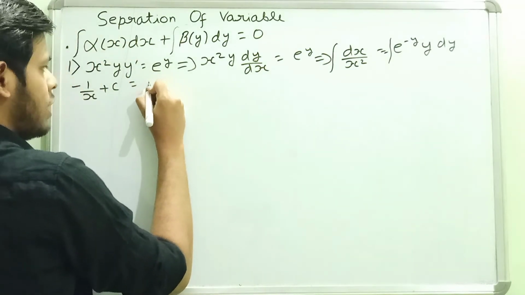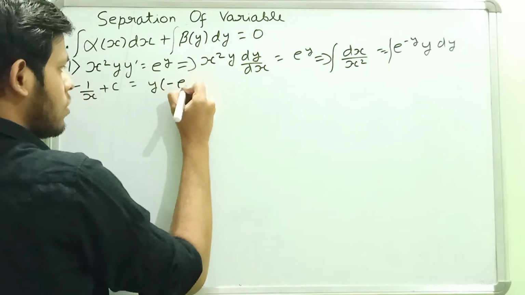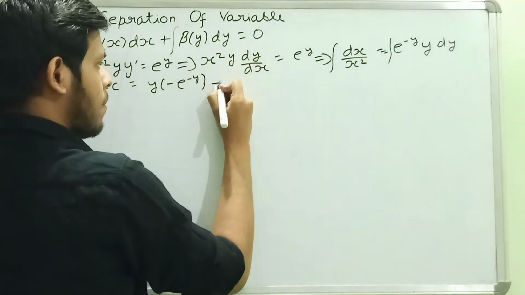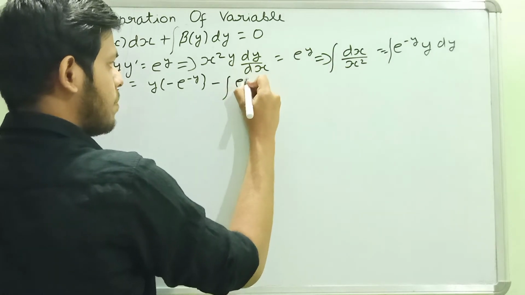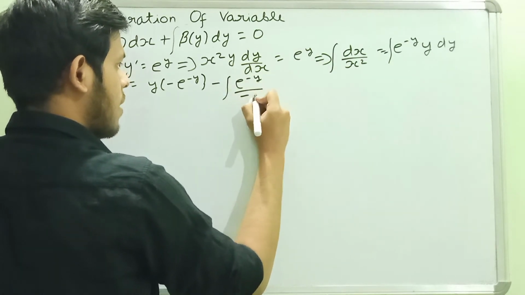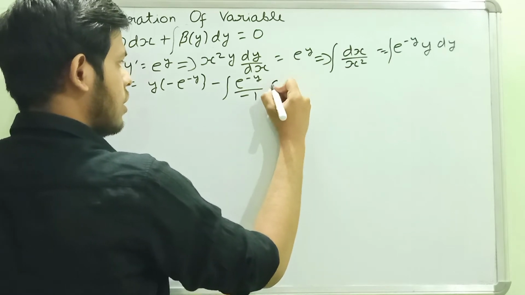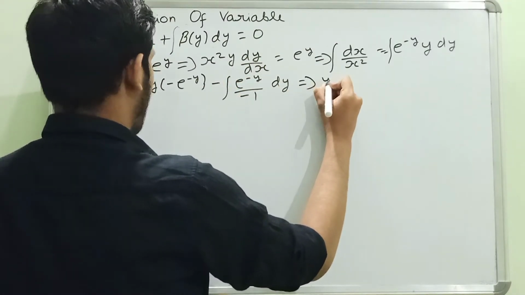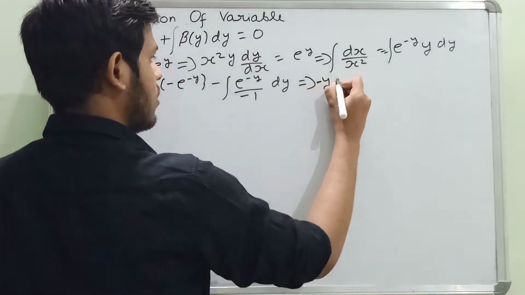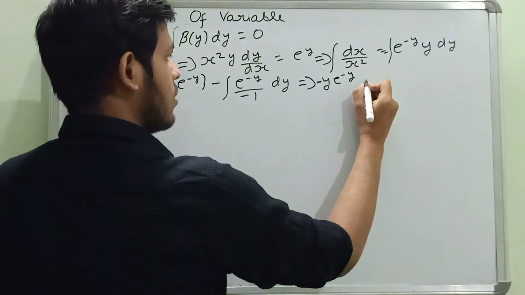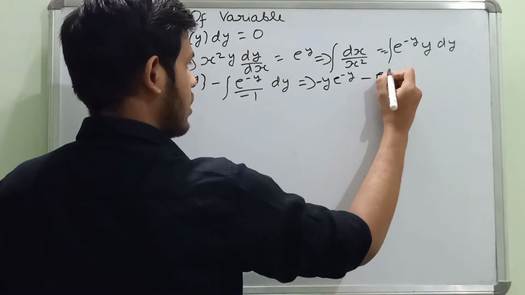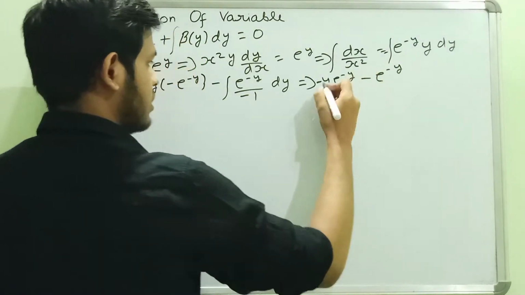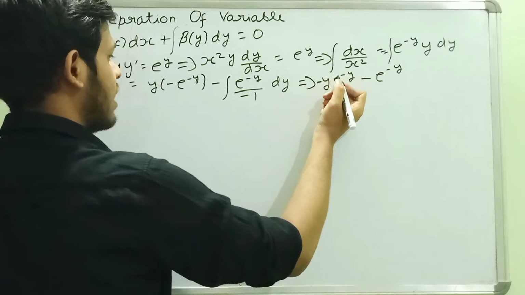So it will be y into minus of e to the power minus y, minus of e to the power minus y upon minus 1 dy. So this will be minus y e to the power minus y minus e to the power minus y, and this is the equation we get on the right hand side.